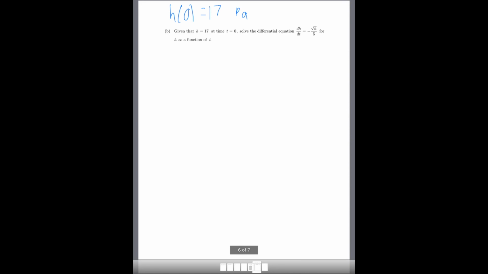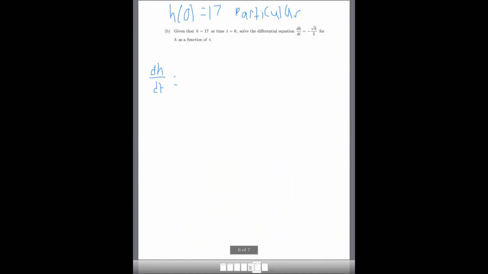So it tells us that h of 0 is 17, because h is 17 when t is equal to 0. So now that's like our given, like our particular solution at least. And now all we have to do is find the stem of the problem or the equation. So I'm gonna guide you through the process.